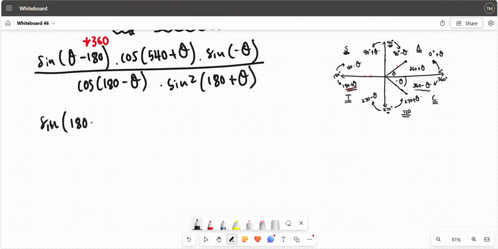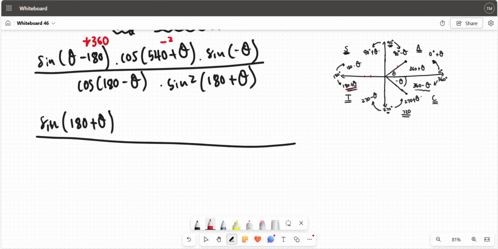And in the second one, the cos, I will be subtracting 360 because the 540 is greater than 360. So I'll end up getting a cos of 180 plus theta. And in this one, for negative angles, we remember that it actually becomes a negative ratio if it's sine and if it's tan.